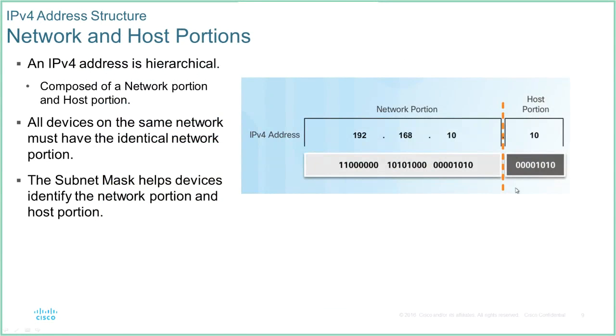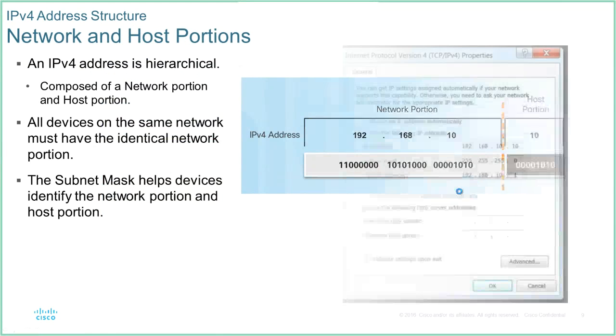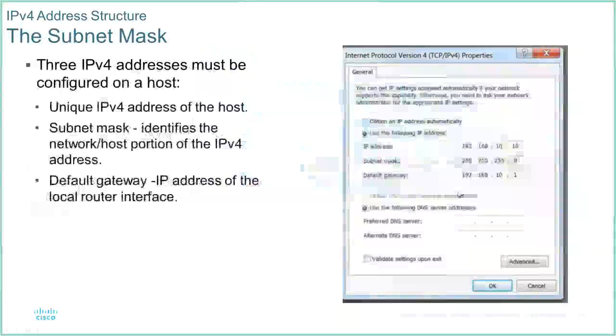This is always the order. So the bits on the left hand side of the address space always represent the network portion. Those on the right represent host. So as we've gone through setting up host machines before, you know we have to have an individual IP address and a subnet mask entered and a default gateway.